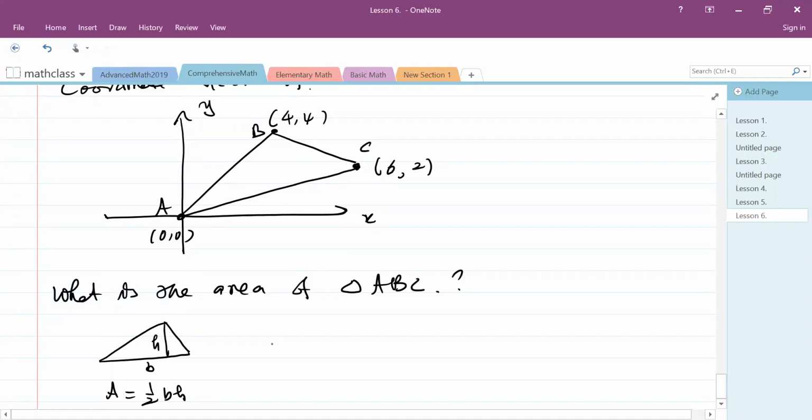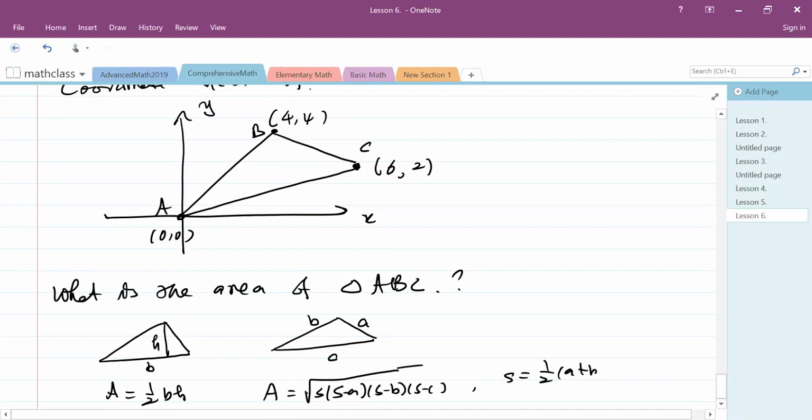There's another formula if you know A, B and C, called Heron's formula: S minus A, S minus B, S minus C, where S is half of the perimeter. But we cannot use any of these formulas to figure out the area of that region. So how do you do that?